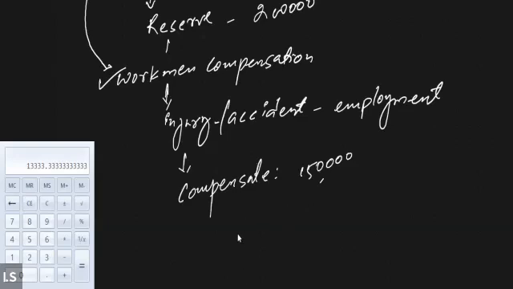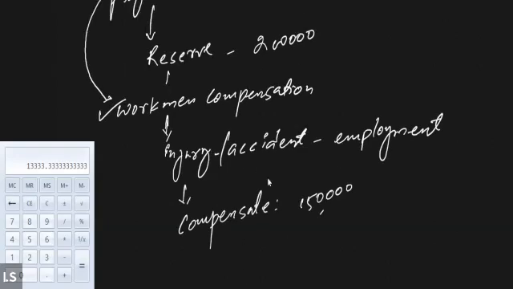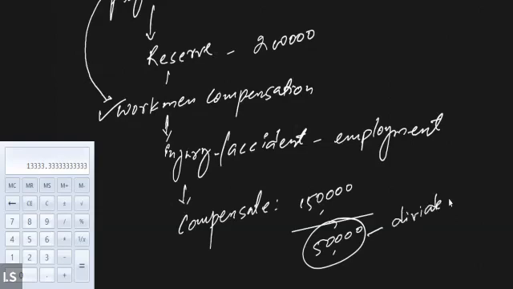The reserve was made for rupees 2 lakh, but the compensation paid was only 1,50,000. So the remaining 50,000, which is not given to the employee as compensation, will be divided among the partners in the old profit sharing ratio.